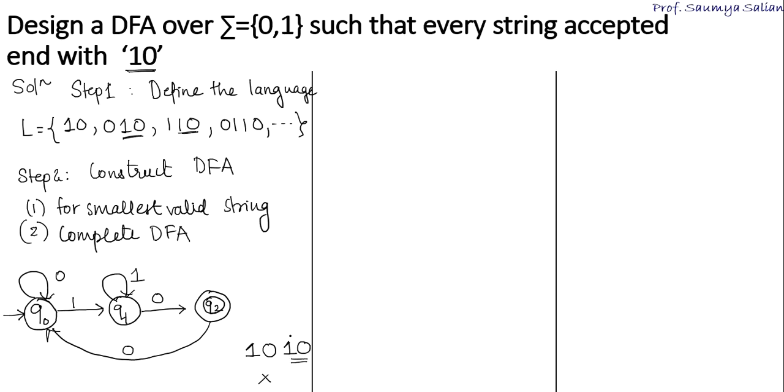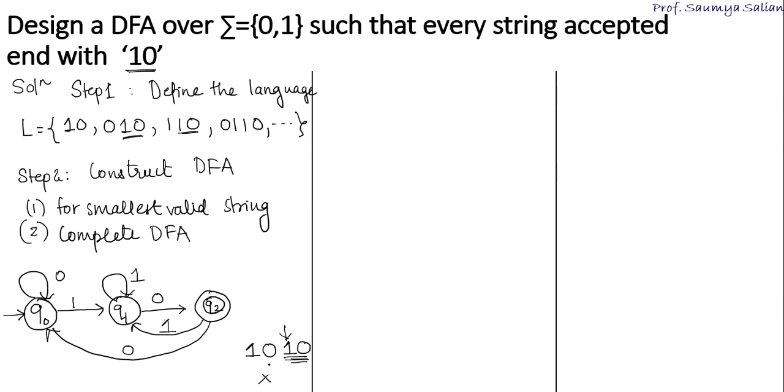So now where shall I place the transition of input 1 at state Q2? Where shall I place the transition 1 for state Q2? So looking at the construction, if I place the transition of 1 over here, to reach back to the final state, I know I have the transition of 0.